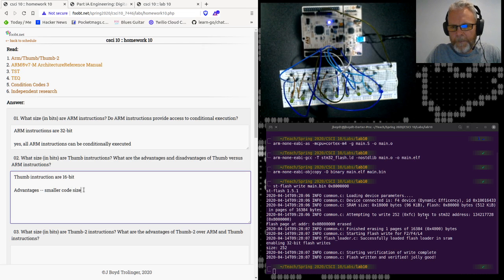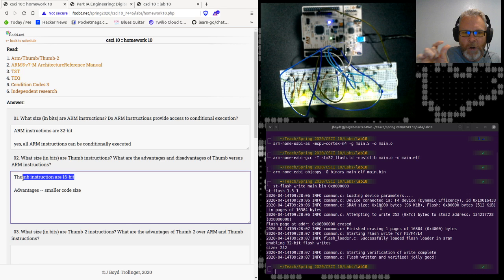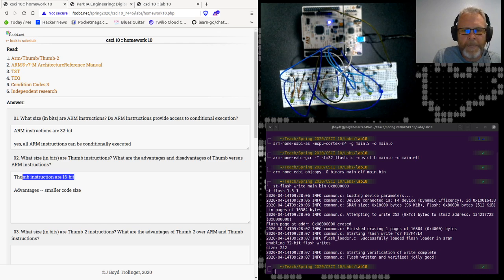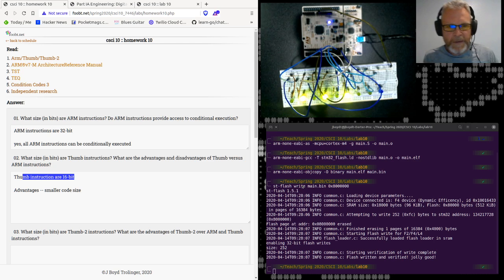You get the code size is smaller. So Thumb instructions are good for very small systems with tiny amounts of memory in them. This is why ARM has created that variant of their instructions, so that you can cram your instructions into a very small space. And that's the main advantage.